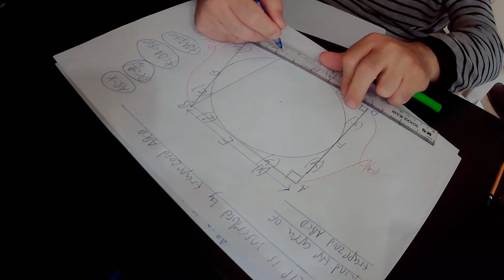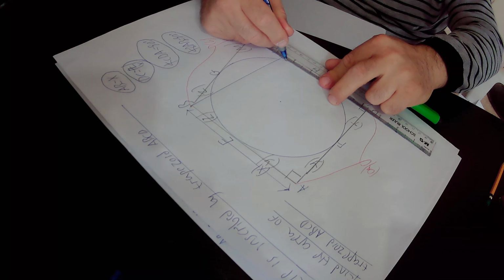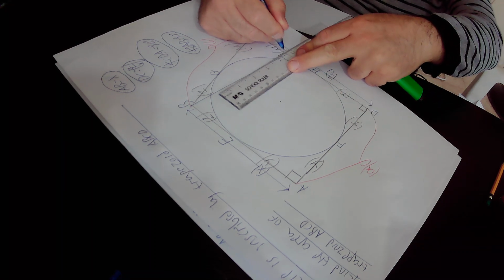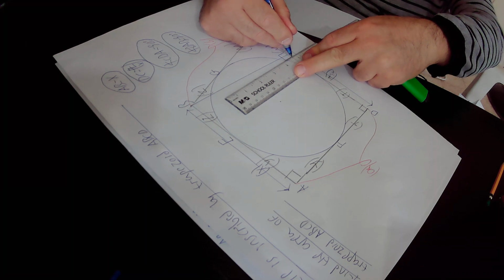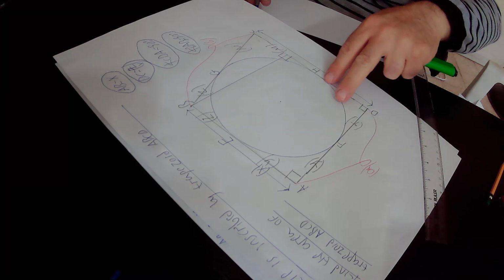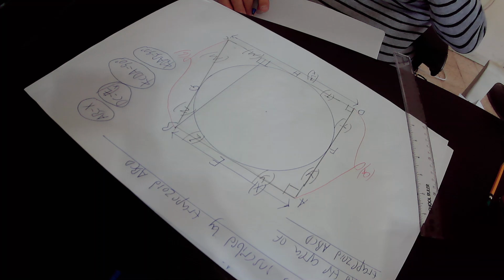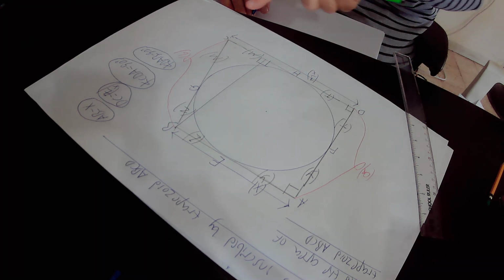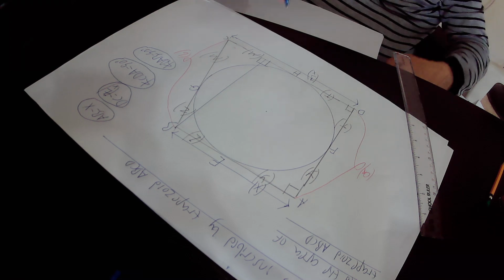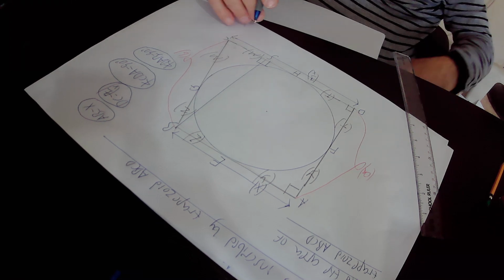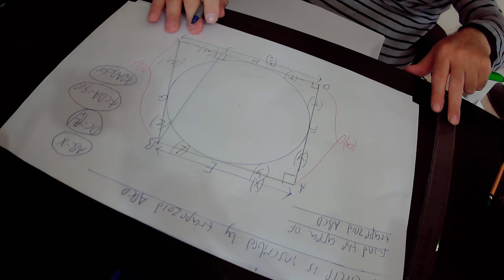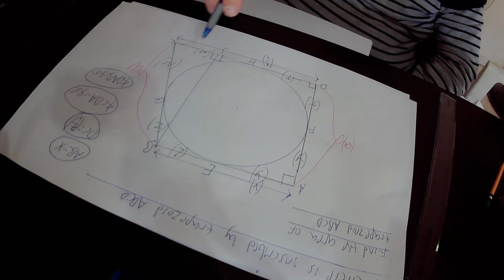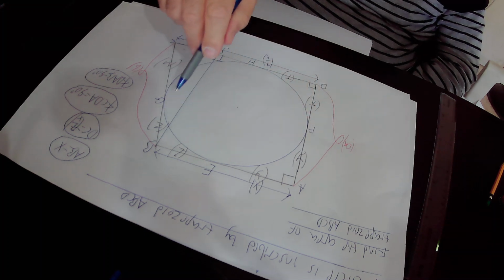So actually, this angle equals 90 degrees, and this angle also equals 90 degrees according to our construction. We define the touching point of the perpendicular from point B on DC as point S. By doing this construction, we created quadrilateral ABSD.